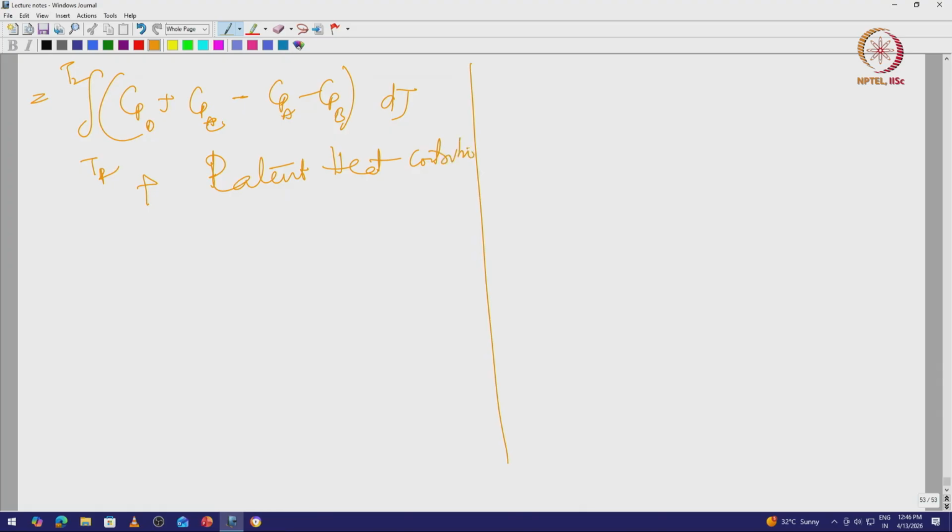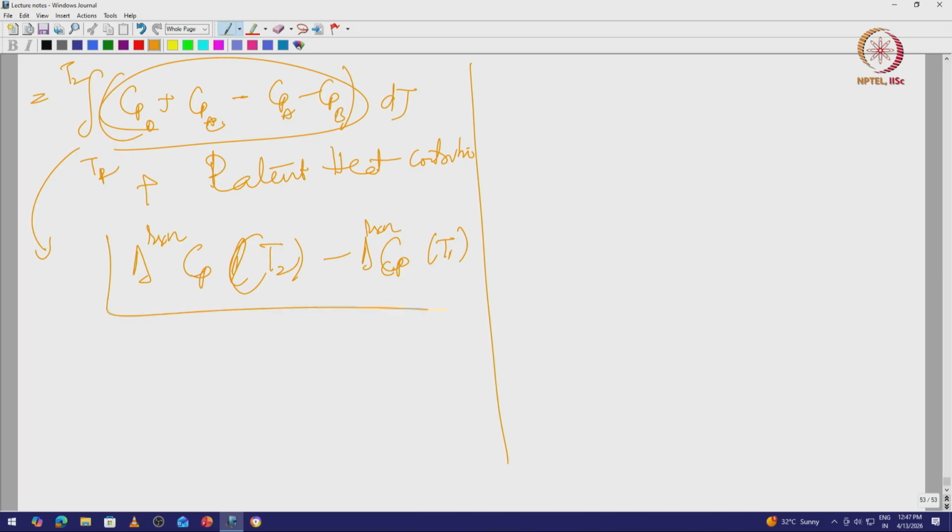And this term I am going to define as delta Cp of the reaction, at T2 minus delta Cp of the reaction at T1. So, this is how I am going to define this.